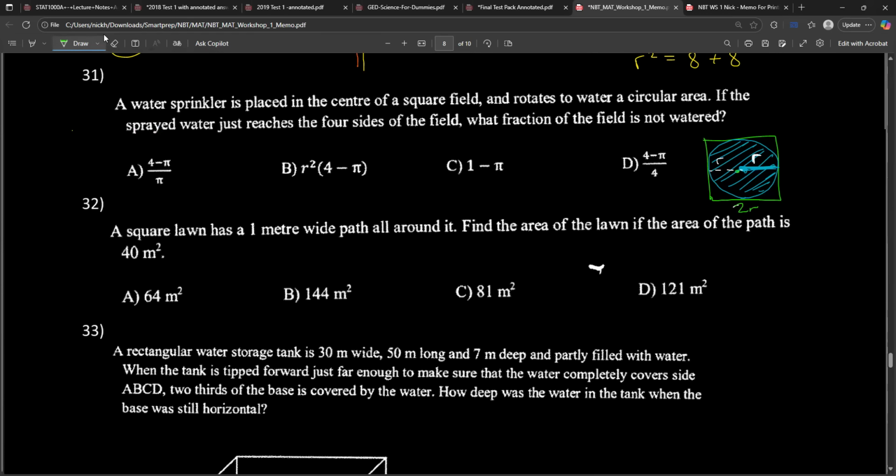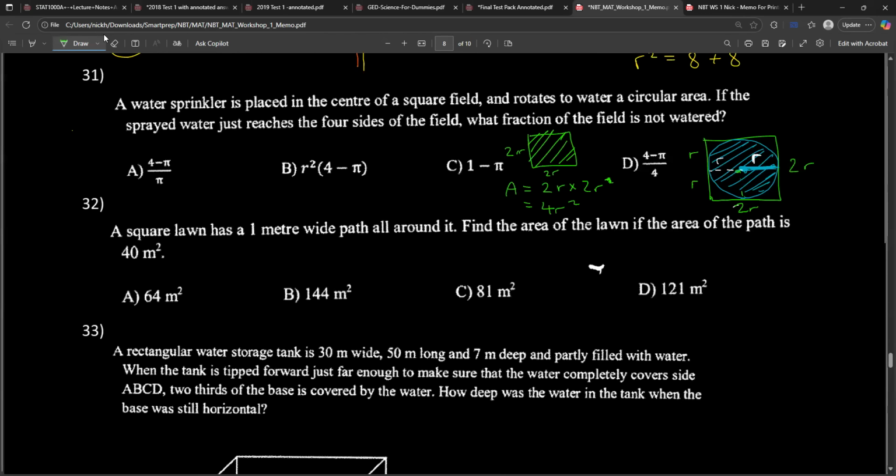And the radius would also be down here, so this would also be r here and r here. So that would be 2r. So the area of the square is 2r times 2r, which is 4r squared.